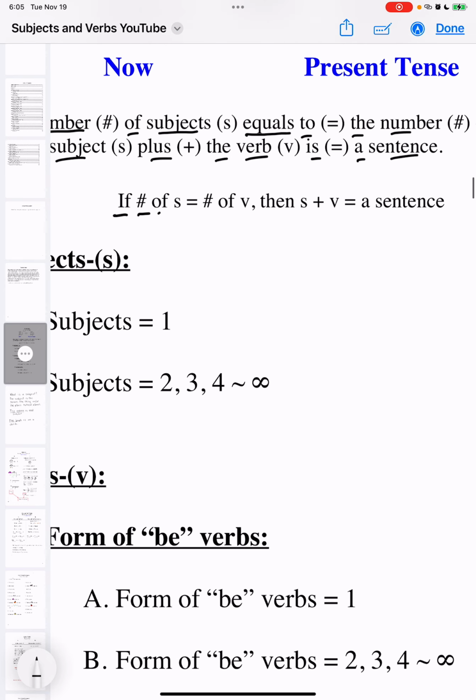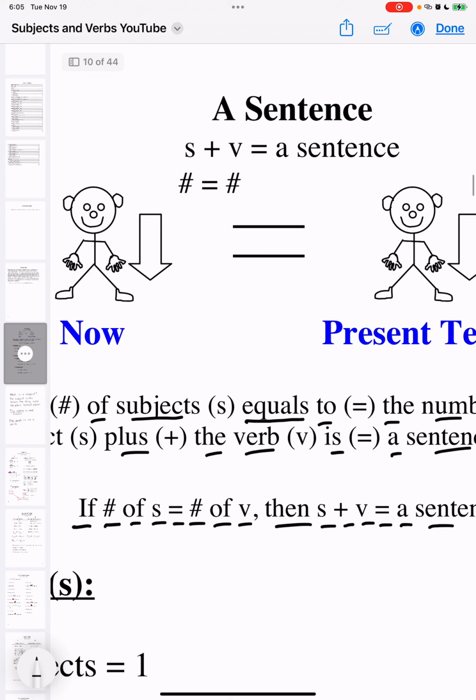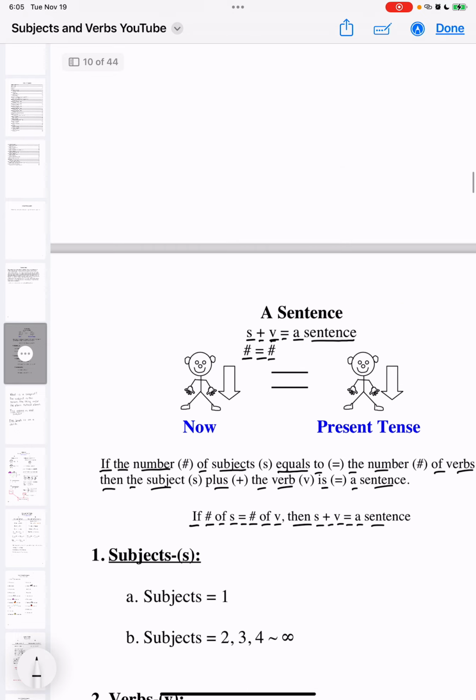Here's my little mathematical diagram: if the number of subjects is equal to the number of verbs, then the subject plus the verb is a sentence. And that's all it is.